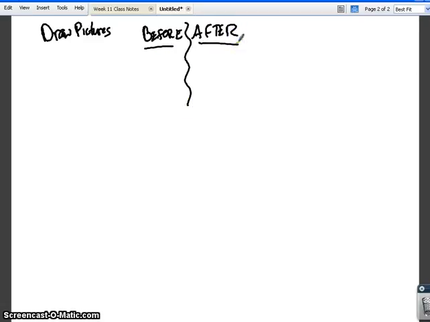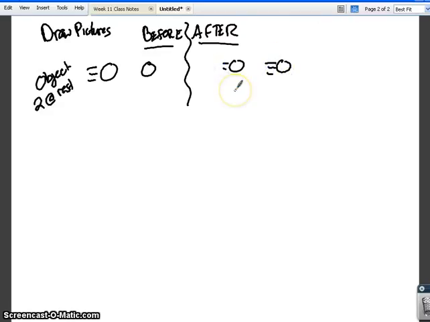So let's say in this situation, object 2 is at rest. So we have an object like a billiard ball or whatever, and object 2 is at rest. And afterwards these objects hit, and then they are both moving to the right as seen here.